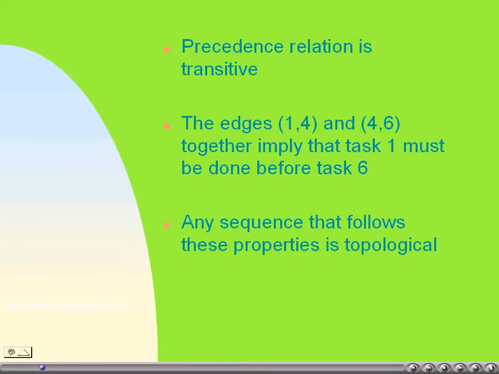Well, before we really delve into the algorithm, some aspects have to be recalled. The precedence relation is transitive.